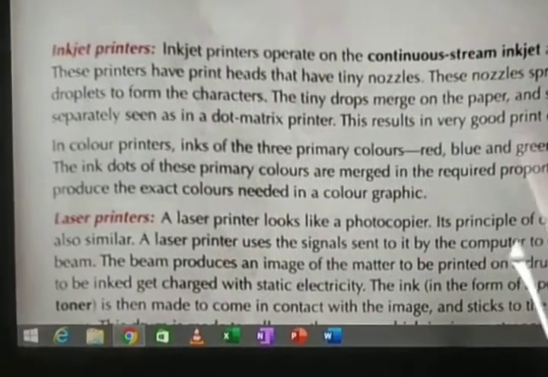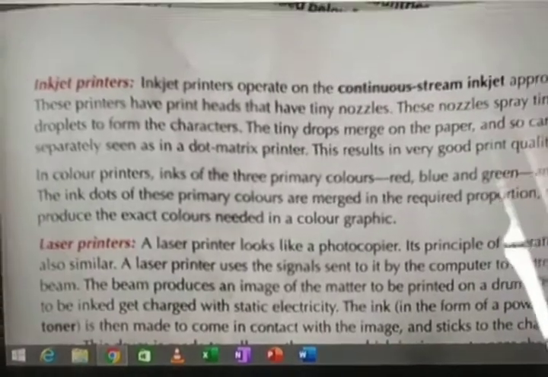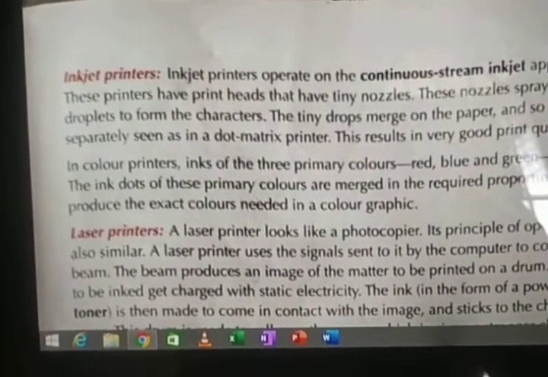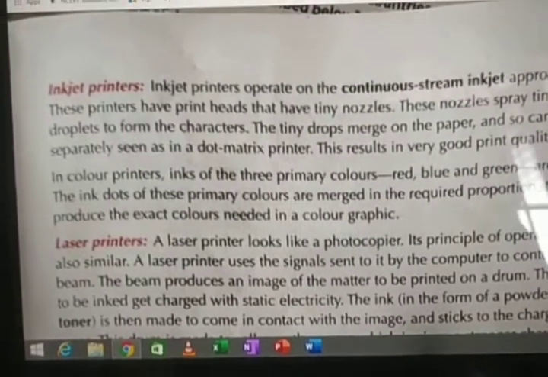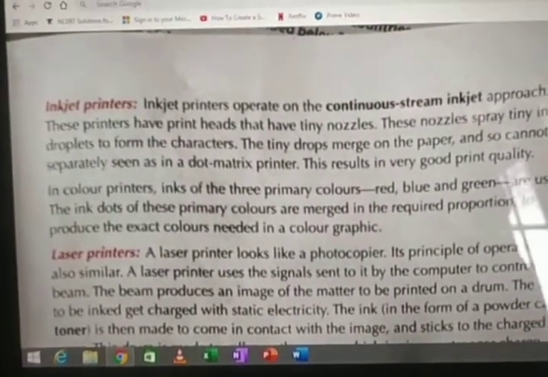This explanation I gave is for black words. In a color printer it is more or less the same, but let us see. In a color printer, 3 primary colors are used. What are those? RGB, red, green, blue. We know those are the primary colors.